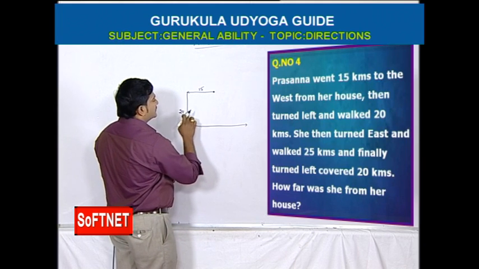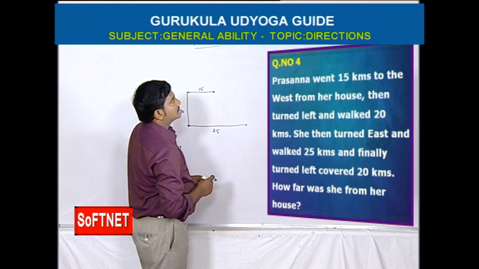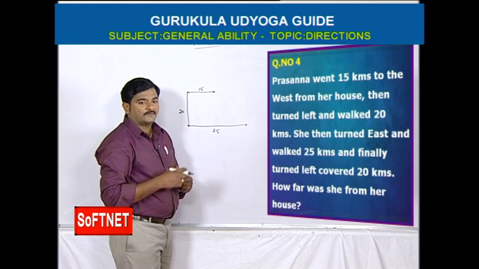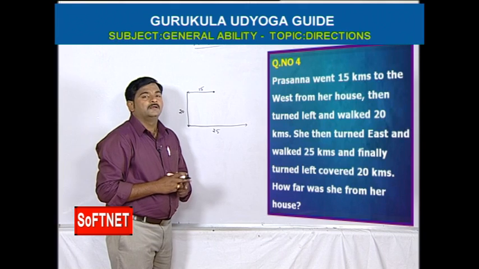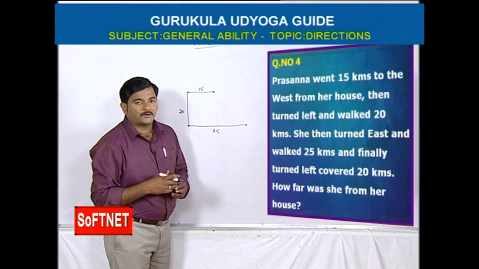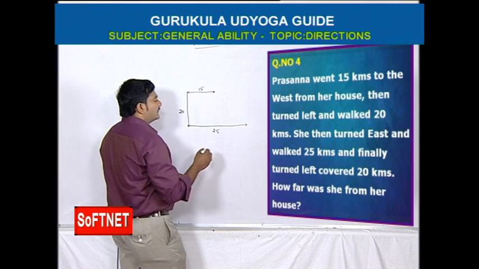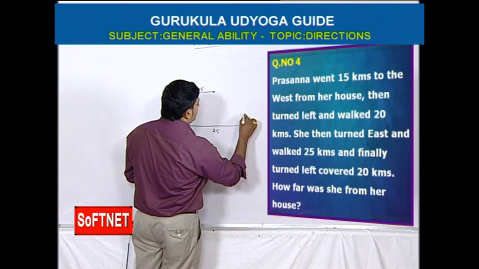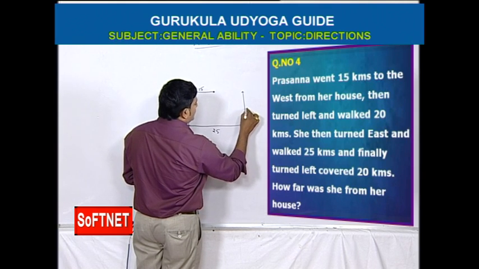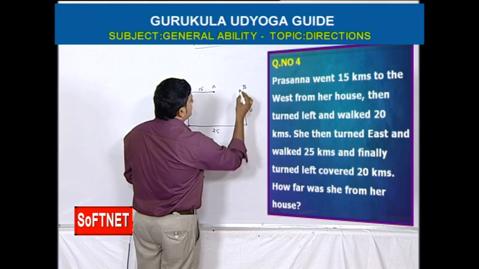So 15 kilometers, 20 kilometers, and next 25 kilometers are given. Next, finally she turned left and covered 20 kilometers. So now this is the initial point and this is the final point.